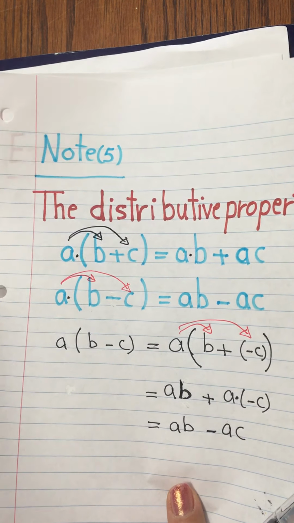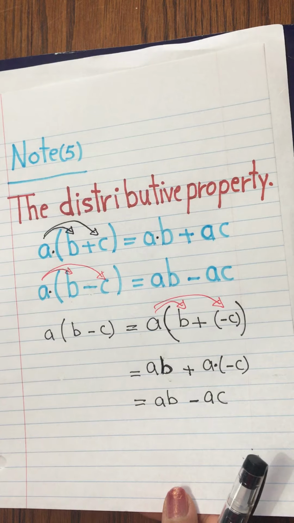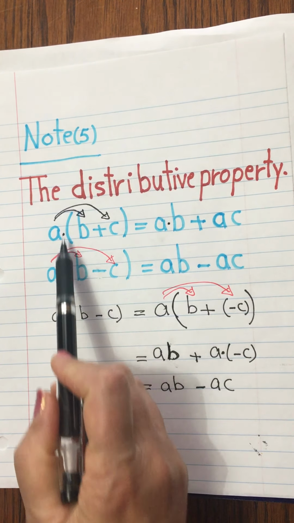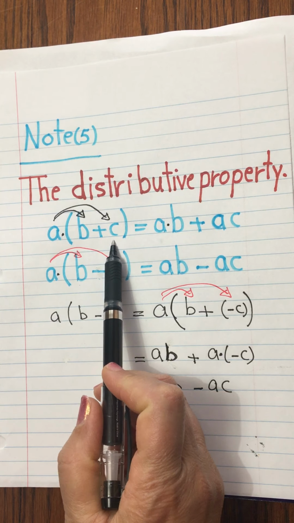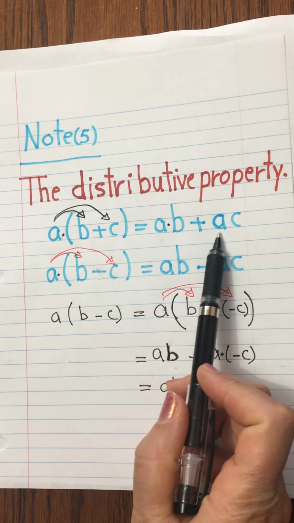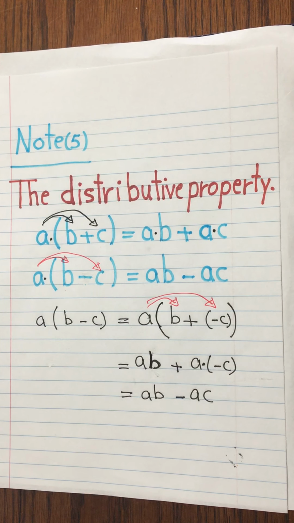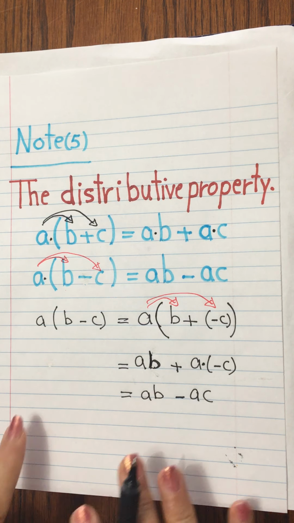Note 5. The distributive property. A times parentheses b plus c equals a times b plus a times c. A parentheses b minus c equals ab minus ac.